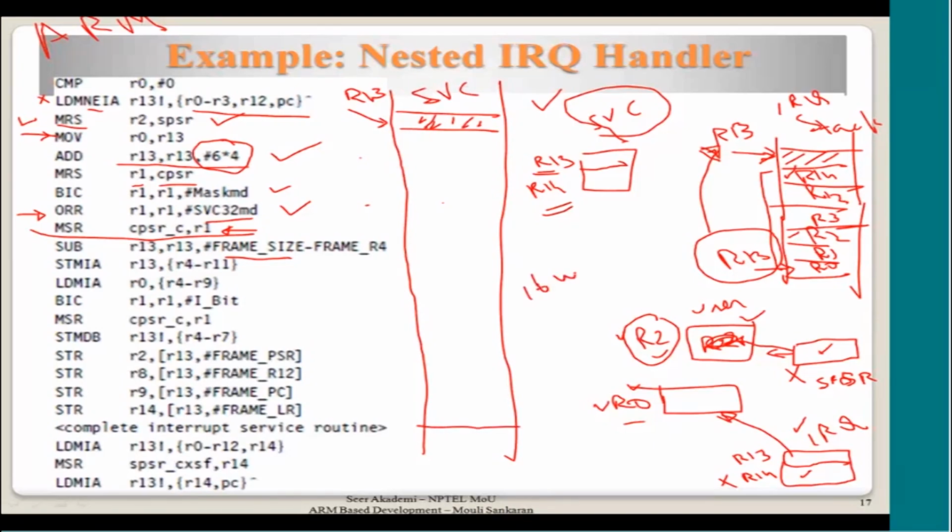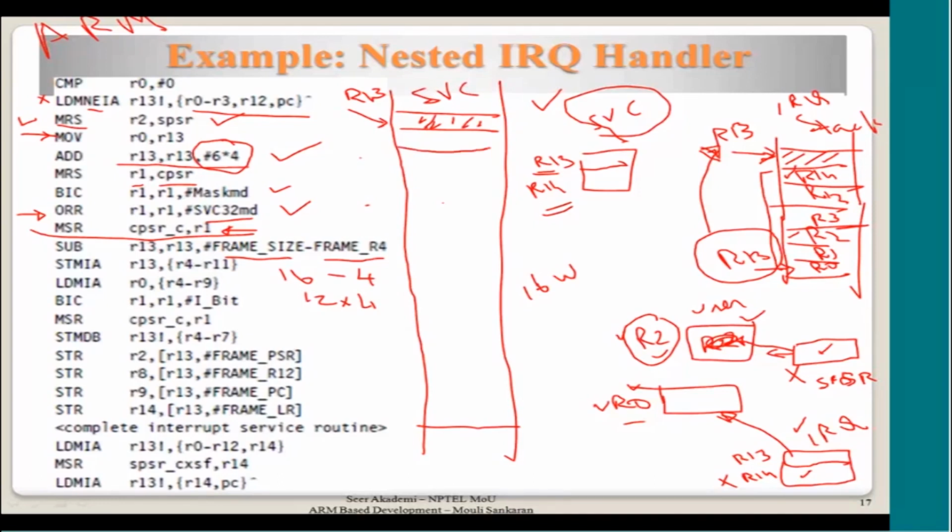That is the total frame size, minus R4. So effectively we are subtracting 12 into 4, which is 48, because we are subtracting 12 words. From here onwards R13 is brought back to some lower value.